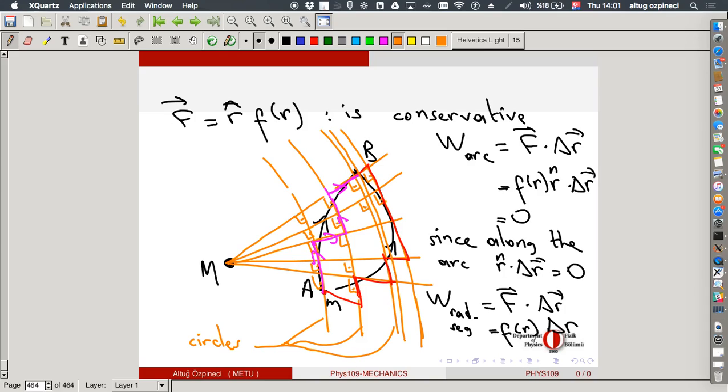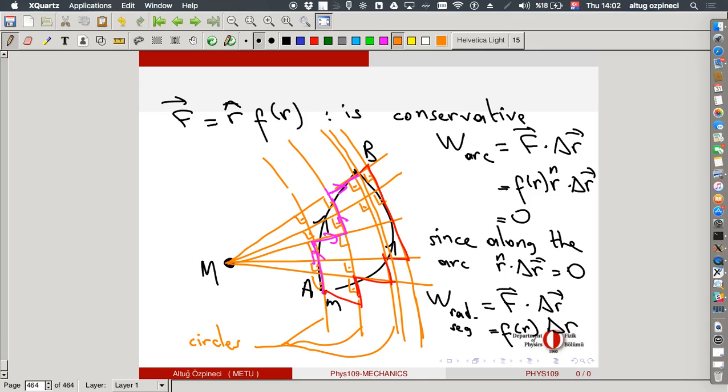Some sign, yes or no? Which one? This one and this one, or this very small one and this very small one? This length and this length over here, they're also equal. This length and this one. No.